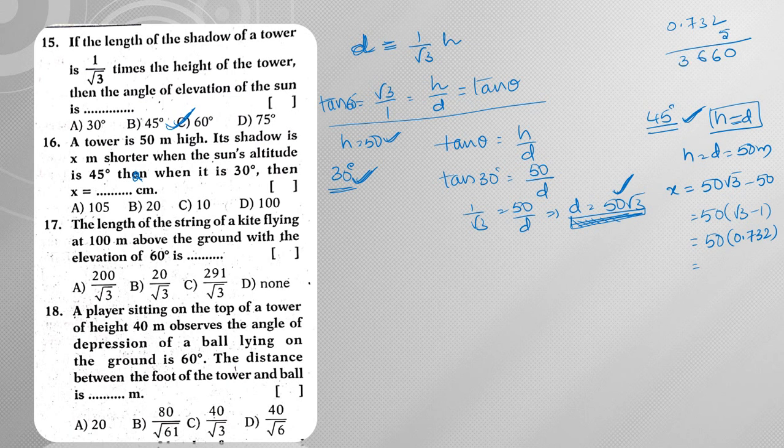Now we have 3 decimal places and here I have 1 zero, so I will have only 2 decimal places. So the answer is 36.60. The option is not present here, right? So 50 into 0.732 is 36 point something, so that many meters it has reduced.